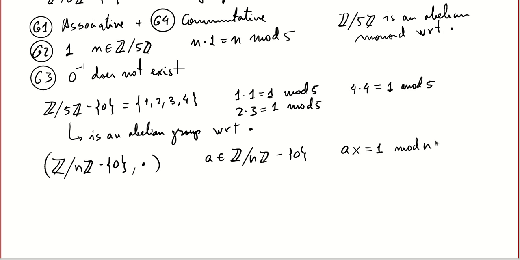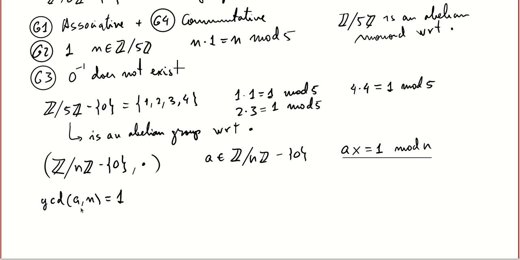All right, but this is a congruence, and we know when this congruence can be solved. And the condition for this to be solved is that the greatest common divisor of a and n, let me just write GCD, of these two numbers, has to be 1.